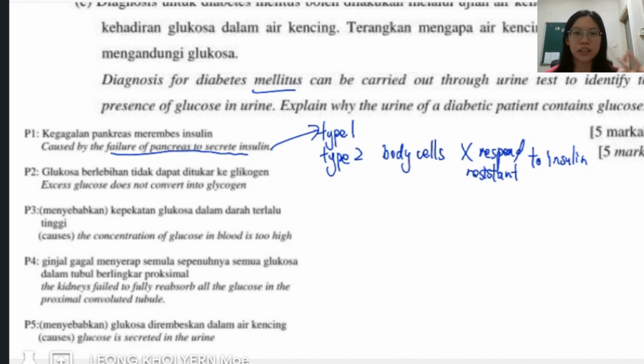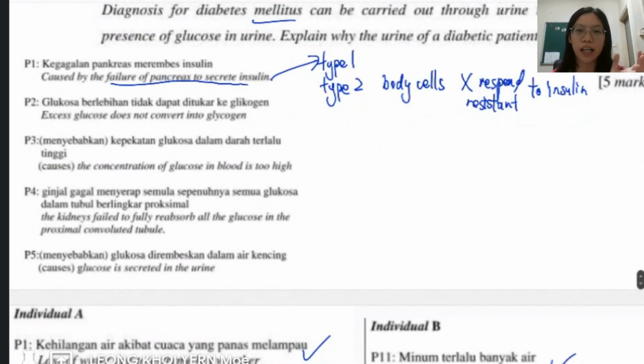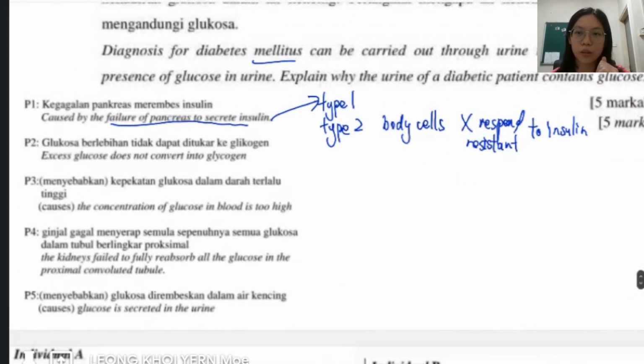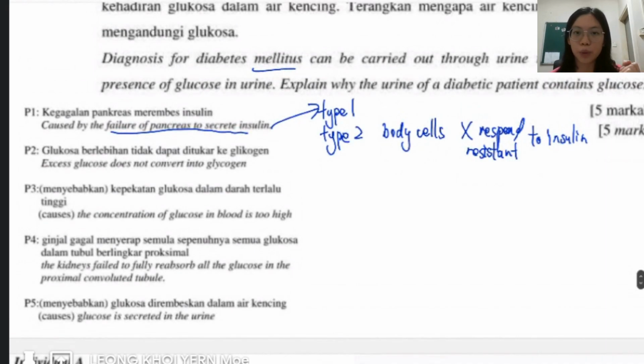So eventually one day it malfunctions. It's not effective in responding to the insulin. So the glucose can't be converted to glycogen, or the glucose won't be utilized. So your body still has a lot of glucose. Glucose is still in a high range, above the normal range. So that is the difference between type 1 and type 2.